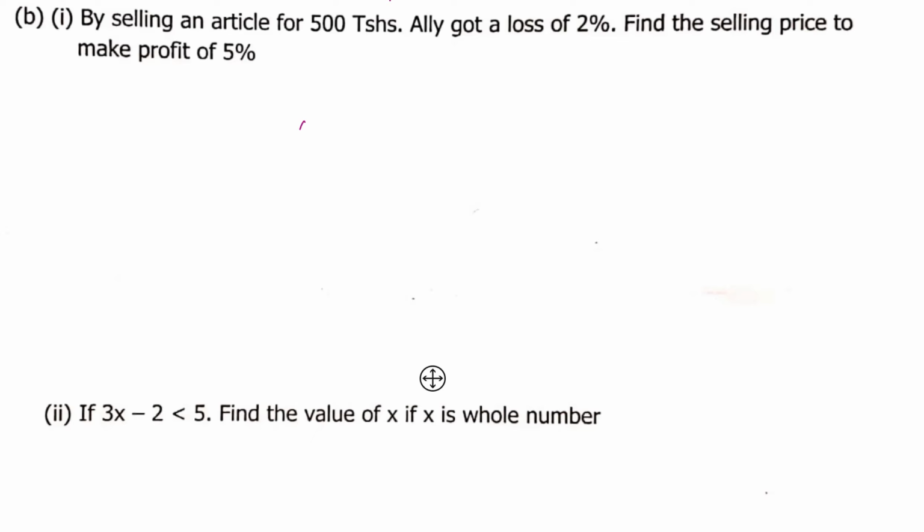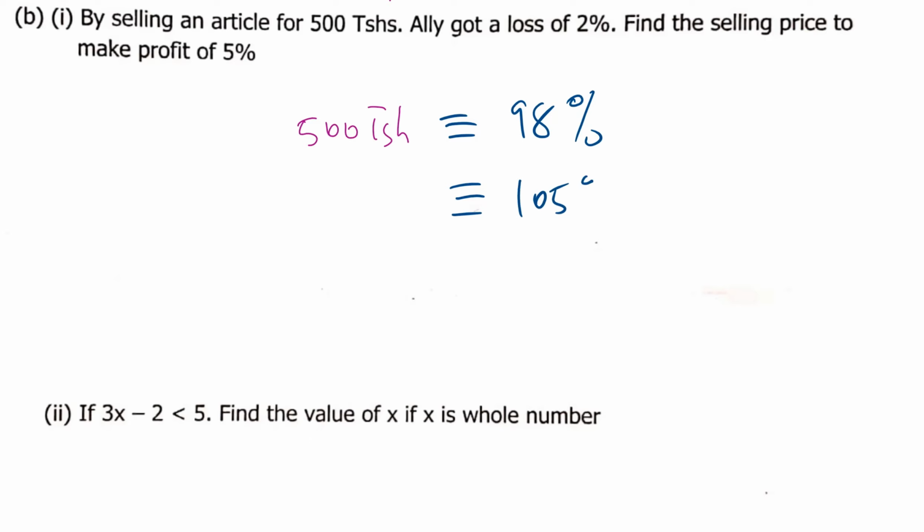So actually 500 shilling is equivalent to only 98% of the buying price. And now what will be the selling price if there was a profit of 5%. If the profit was 5%, it means now 105% will be the selling price.